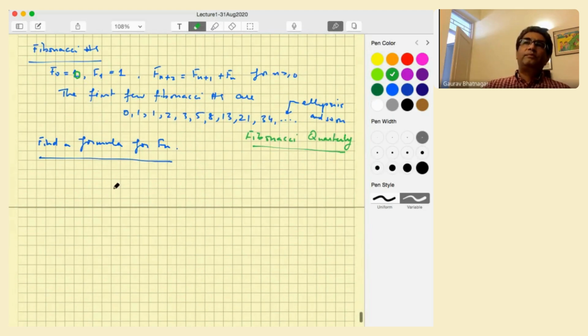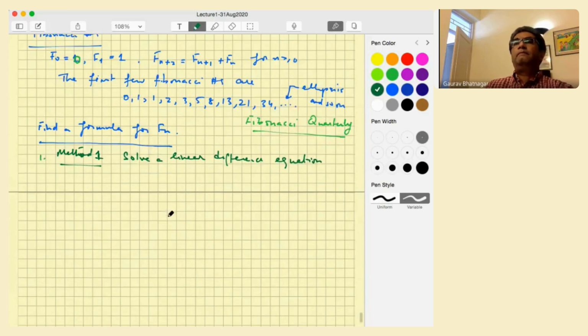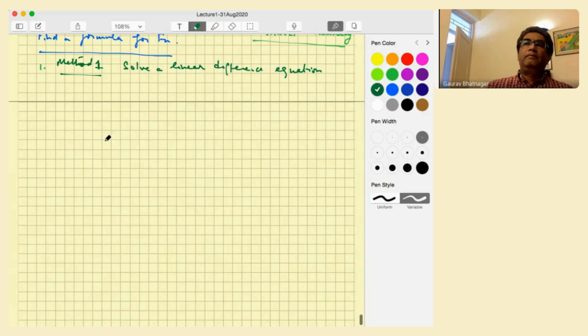So we have method 1, which is we solve a linear difference equation. Okay, so this is the difference equation.